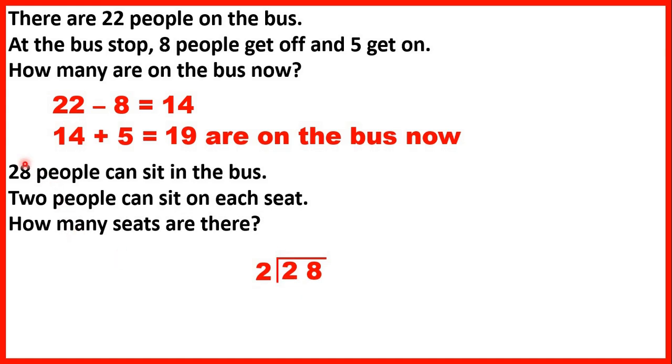So we can divide 28 by 2. 2 divided by 2 is 1, 8 divided by 2 is 4, so that means there are 14 seats. And that makes sense, because if there are 14 seats, and 2 people can sit on each seat, we can multiply 14 by 2 to get 28, and that's the number of people that can sit in the bus altogether.